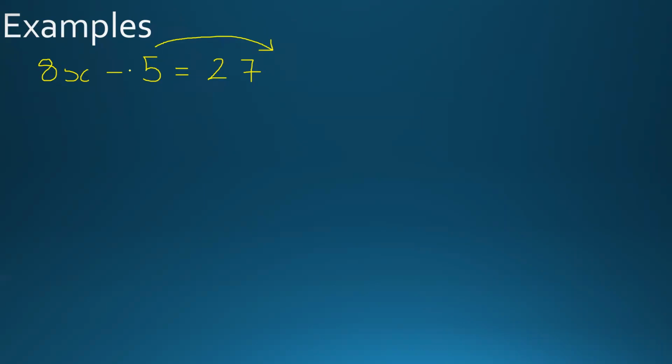It was negative. When we send it over, it's positive. Very good. It turns into positive. So this is going to be equal to 27 plus what? Plus 5. Very good.